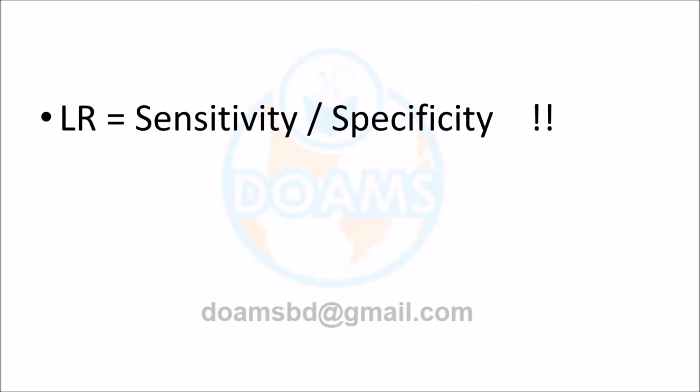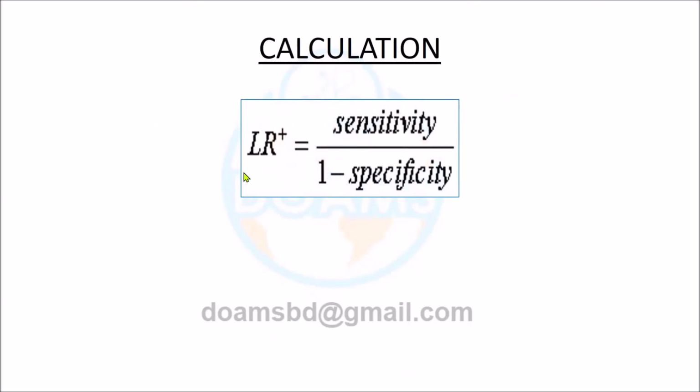Actually, we need to know LR positive and LR negative. Positive means the likelihood ratio of the test being positive. LR negative means the likelihood ratio of the test being negative. So the formula exactly is: LR positive equals sensitivity divided by 1 minus specificity.